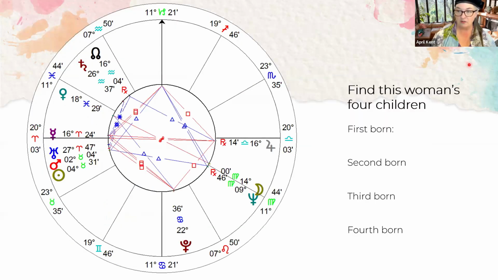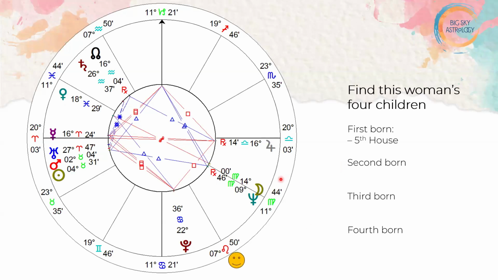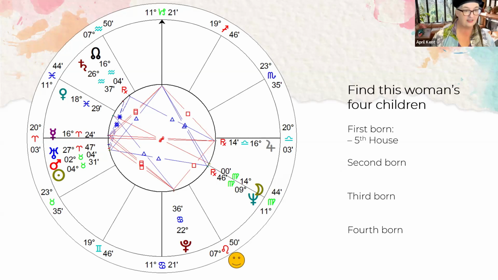Find this woman's 4 children. So who is the firstborn child? What house? Fifth. Yep, 5th house. Just trying to get this out of the way. It's kind of distracting. And then the second born. So we start with the 5th. 7th. 1, 2, 3.